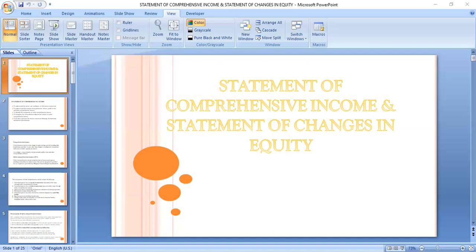Administrative expenses constitute cost of administering the business. These ordinarily include all operating expenses not related to selling and cost of goods sold.